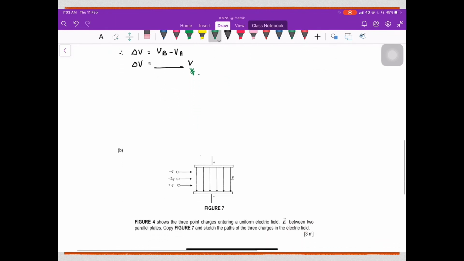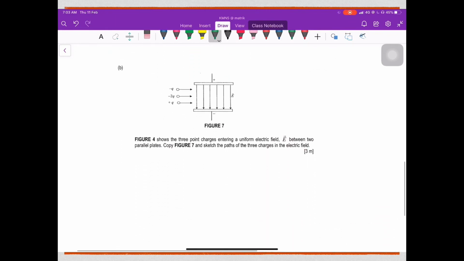Okay, next, for this question. It shows three charges. Actually, this is not a point charge, this is the test charge. Copy figure 7 and sketch the path of the three charges.